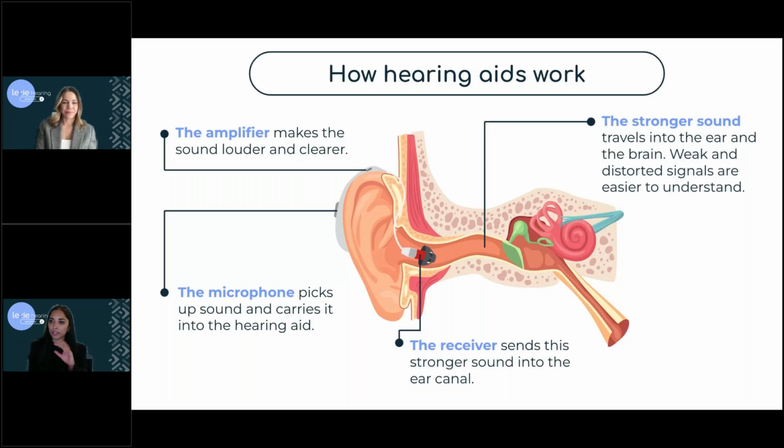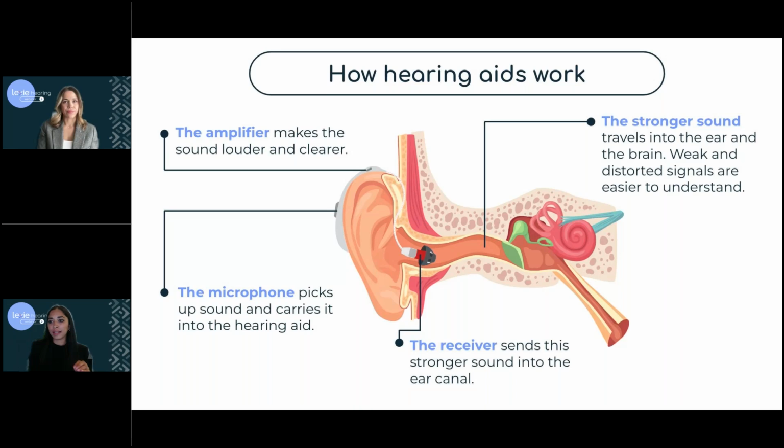The first is to the bottom left of your screen where it says the microphone. So this part will be responsible for picking up sounds from your environment so that it carries it into the hearing aid. The next step would be for an amplifier to make these sounds louder and clearer.